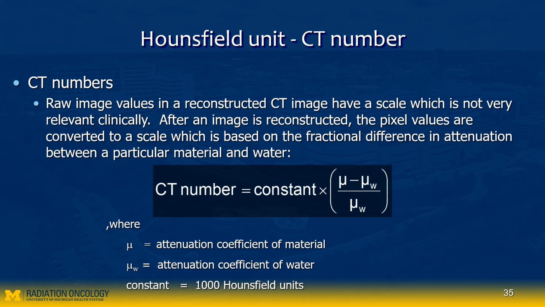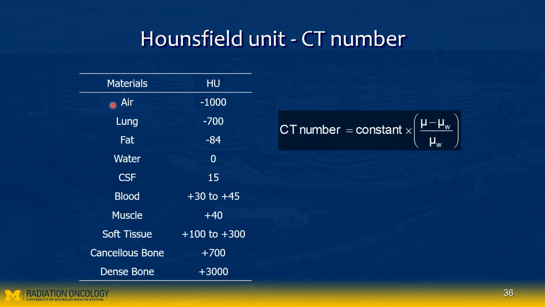Here are some examples of CT numbers. For air, if there's nothing, a vacuum, you will by default have negative 1,000, because mu is basically 0, and then negative mu of water over mu of water will be negative 1, and you end up with a CT number of air of negative 1,000.